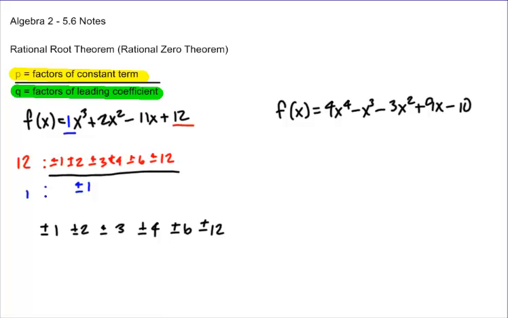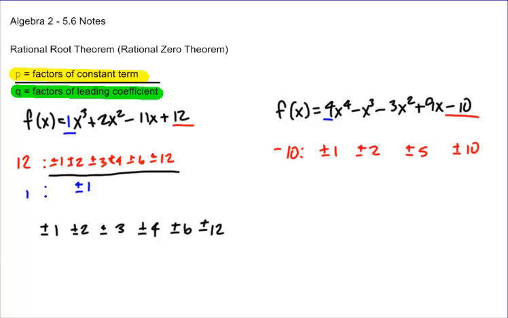So let's look at the second guy. We're looking at negative 10 and 4. So if I take my negative 10, what numbers multiply together to make negative 10? Well, I've got plus or minus 1, and then the other side of that would be minus or plus 10. So I just write it the same way. And then I would have plus or minus 5, or 2 and 5.